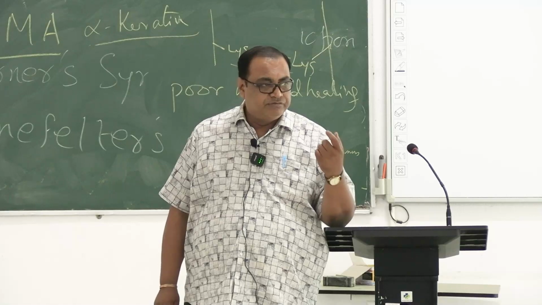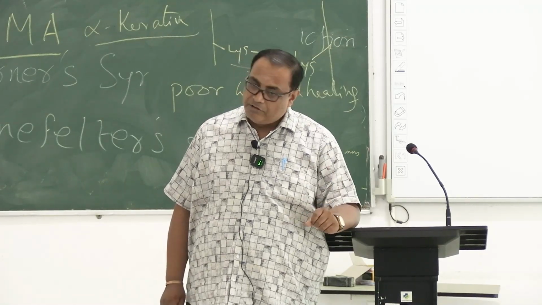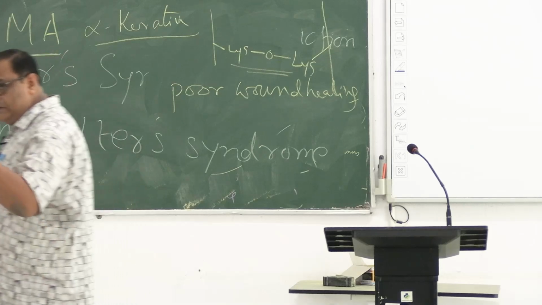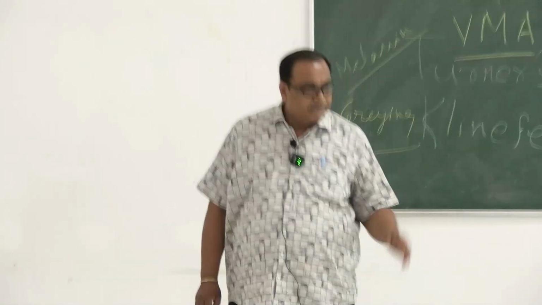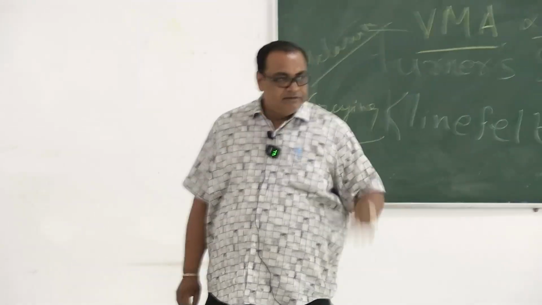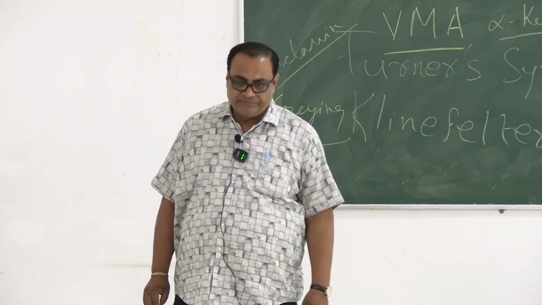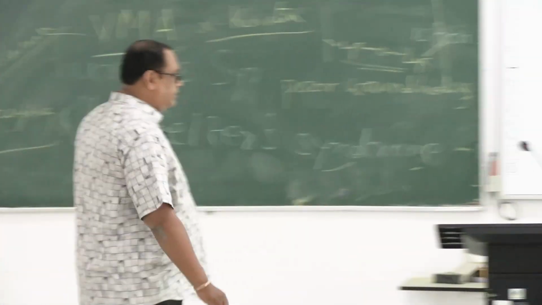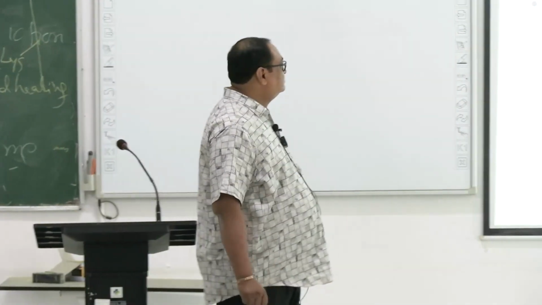We have to give IV copper through injection, and carry that out at least till the age of 12, till the brain is developed. That's all. We'll stop here. Next.